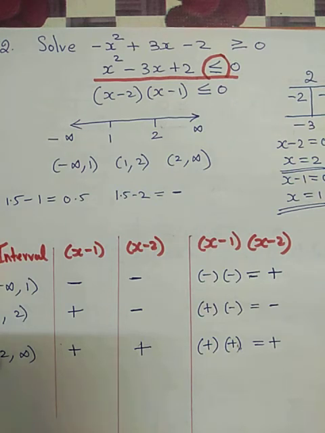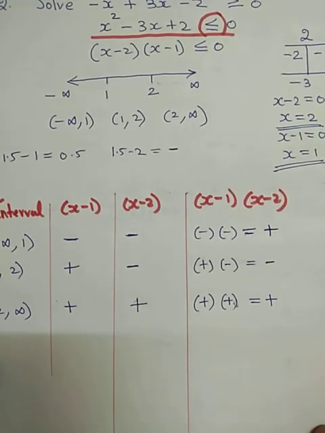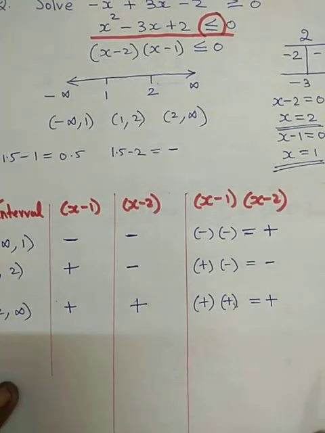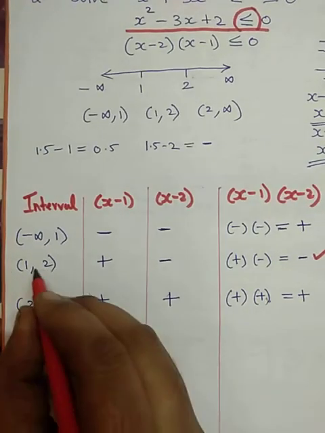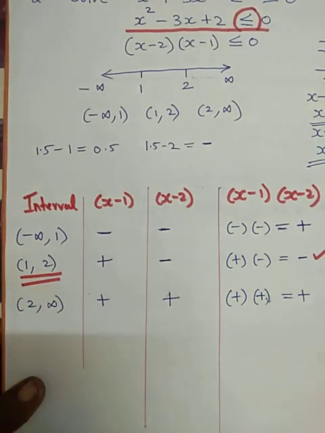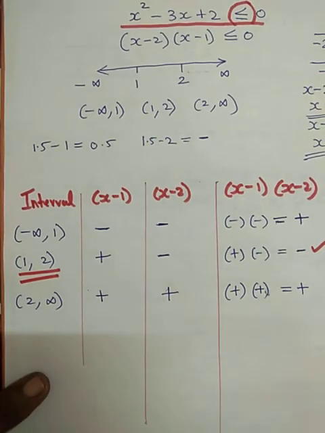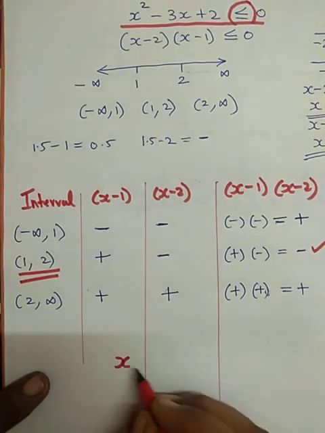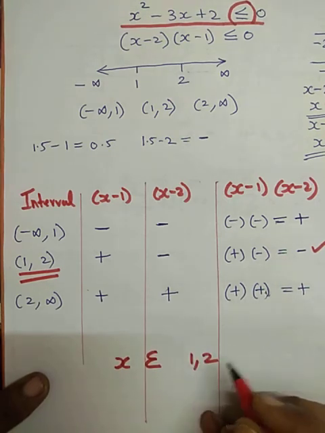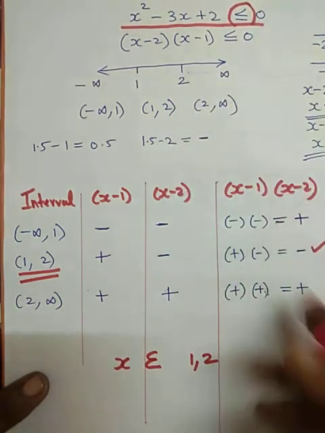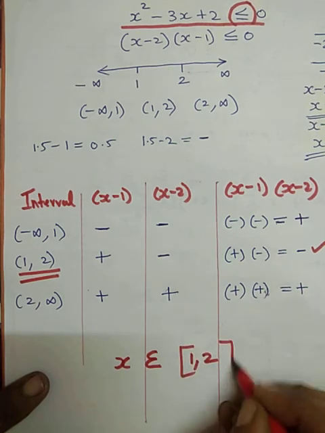Less than or equal to means negative numbers. So in the last tabular column, where do we have a negative sign? This particular place. So this particular row should be selected, and this should be our answer. So how we should write the answer is x belongs to 1, 2. Since we have an equal to sign, I have to write a closed interval.